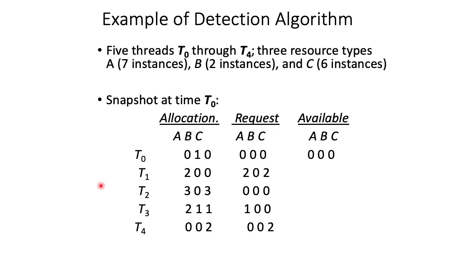So to apply the deadlock detection algorithm, it's similar to the safety algorithm with the banker's. So here we're going to have an example again, and you can look at the pseudocode in the notes.